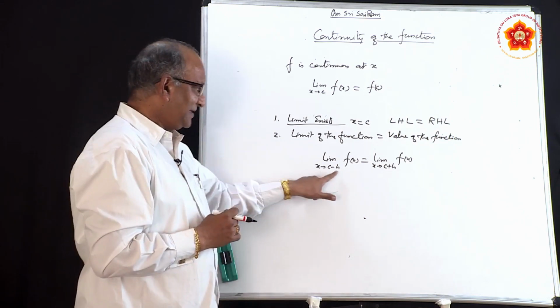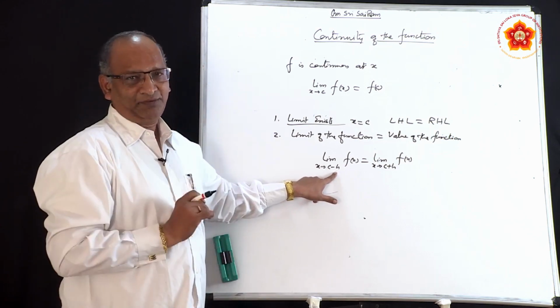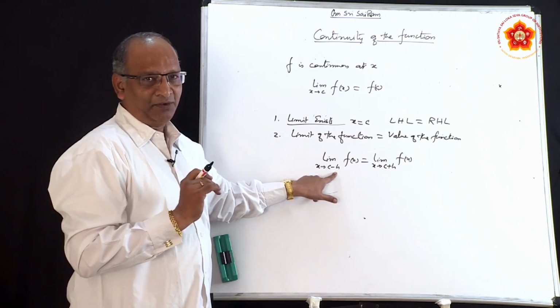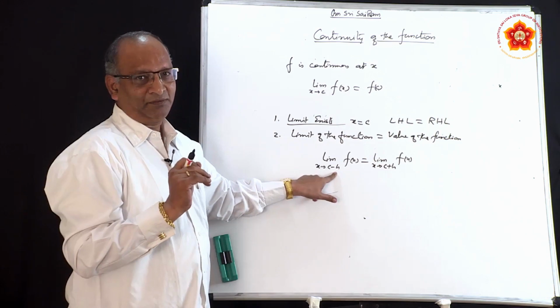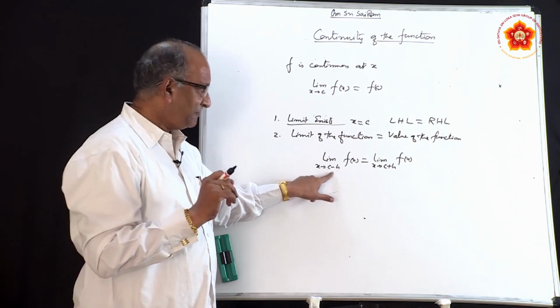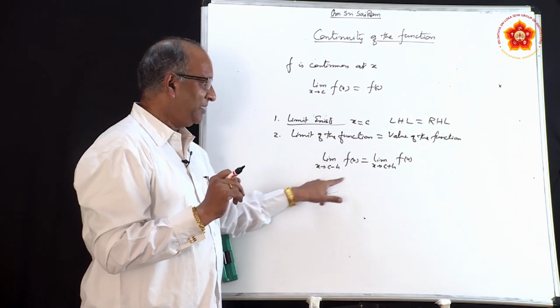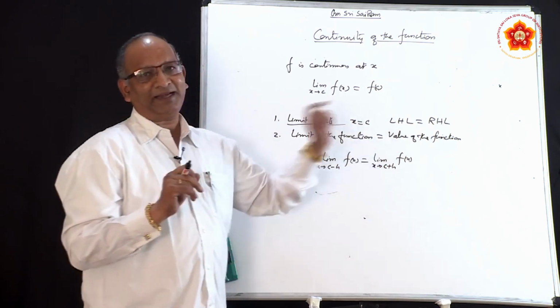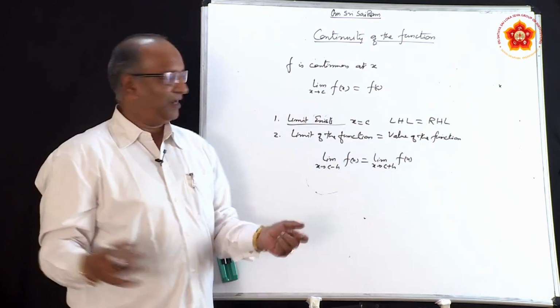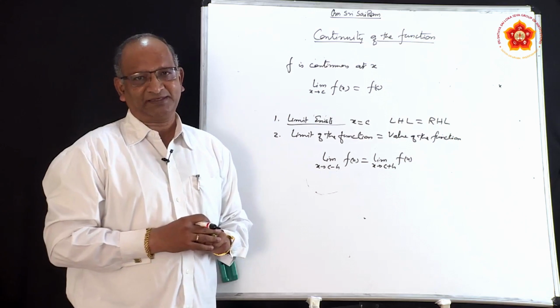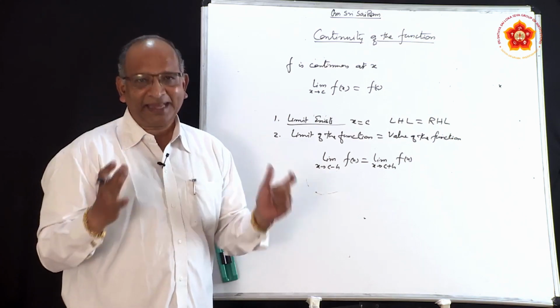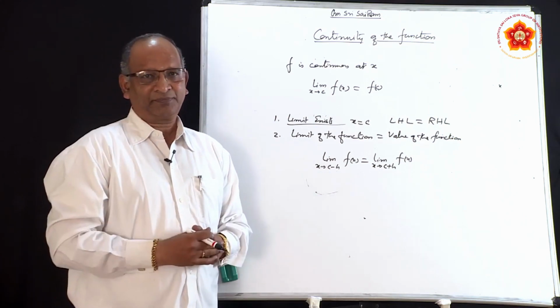So this h is almost 0, almost tending to 0, but not 0. If you subtract that, you get the left hand limit. If you add that, you get the right hand limit. If both of them are equal, the first condition is satisfied. What is the first condition? The limit exists at that point.